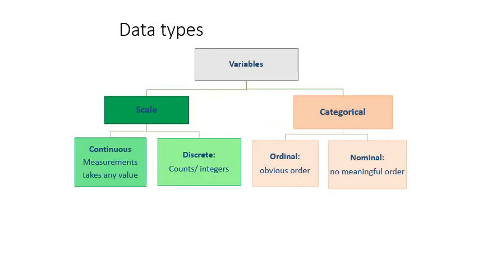Then we have the data types. Under the scale, we have continuous and discrete, and under categorical, those are ordinal and nominal, as I have mentioned. Examples of nominals, your pets.